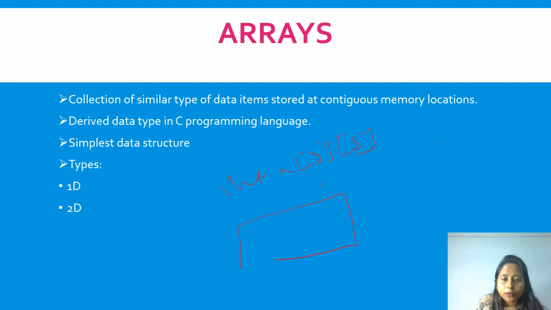Rows and columns are indexed 0, 1, 2, so we have a[0][0], a[0][1], a[0][2] and so on. This is a 3 by 3 matrix, an example of a two-dimensional array.